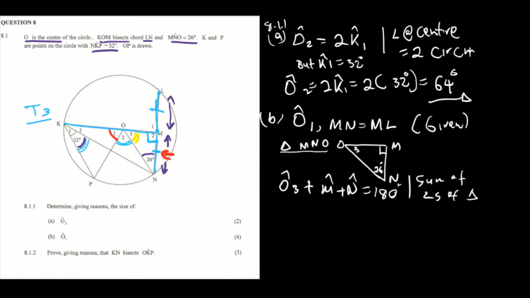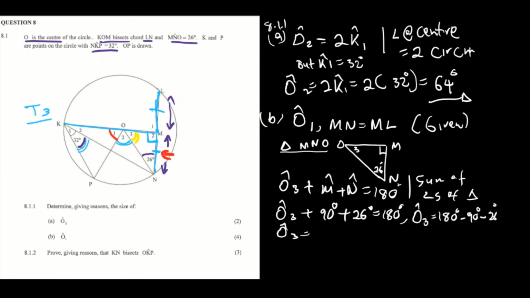So we want angle O3 plus M, which is 90 degrees, plus N, which is 26 degrees, equals 180 degrees. So if we add everything up and subtract, we're going to have angle O3 equals 180 degrees minus 90 degrees minus 26 degrees. So angle O3 will give us 64 degrees. So this was angle O3.